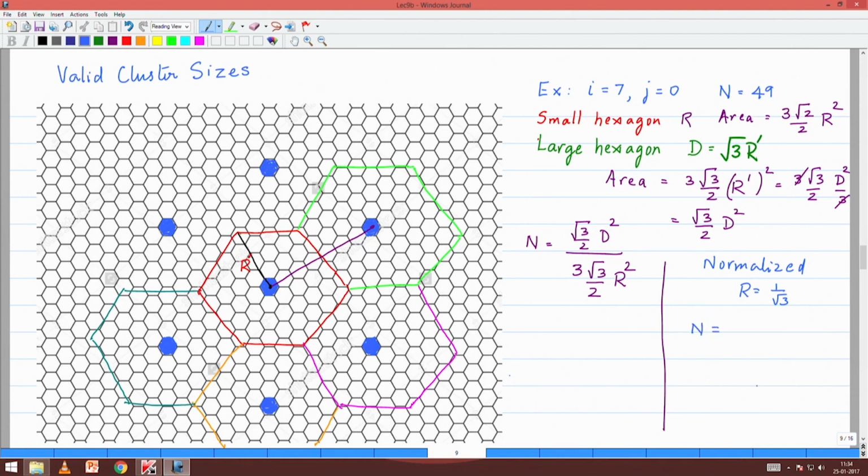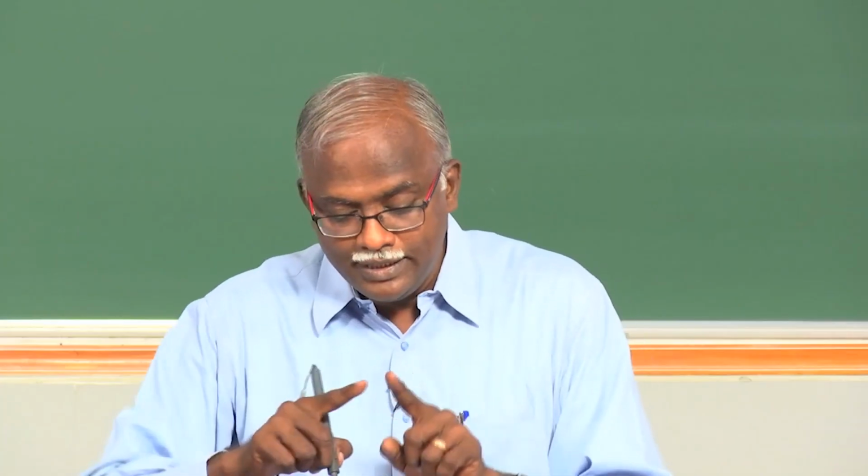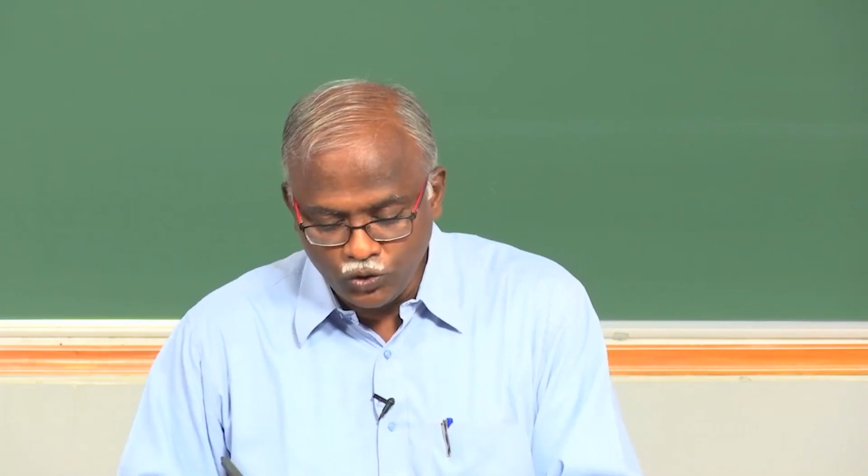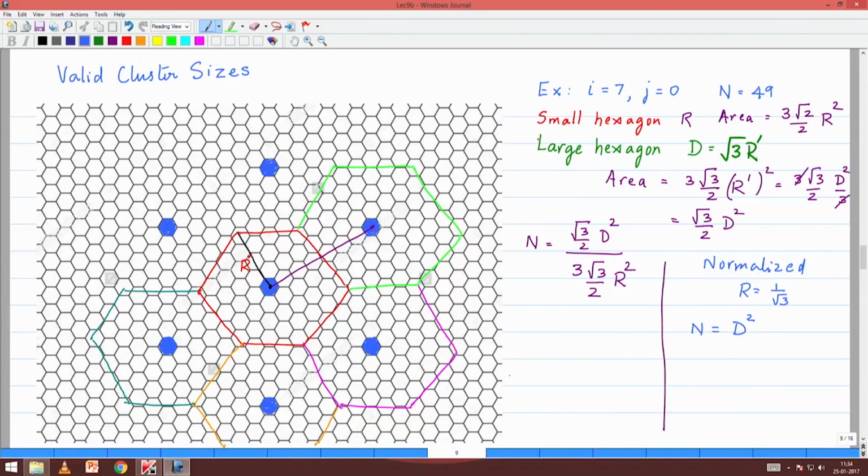In a normalized hexagonal grid, the cluster size will be equal to d squared. That is the distance between the centers of the 2 co-channel cells of the large hexagon. Okay.